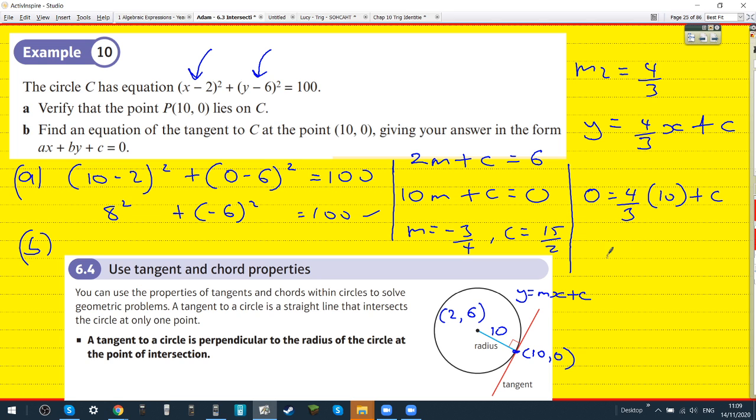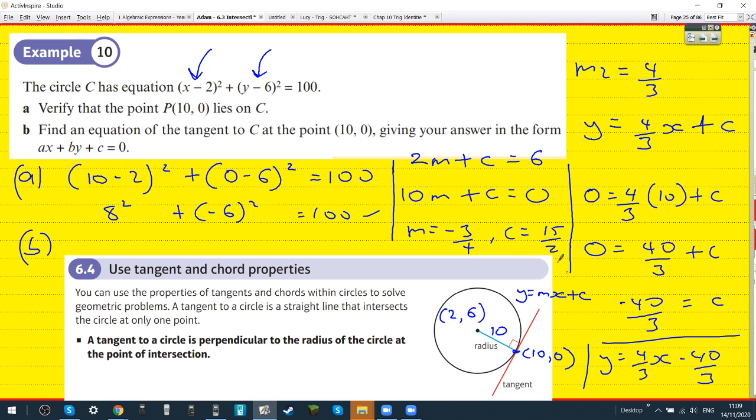So it'd be 0 equals 40 over 3 plus c. So c equals minus 40 over 3. And so what's the final answer? The equation of the tangent. y equals 4 over 3x minus 40 over 3. Well done.